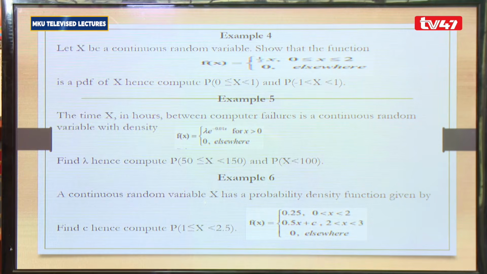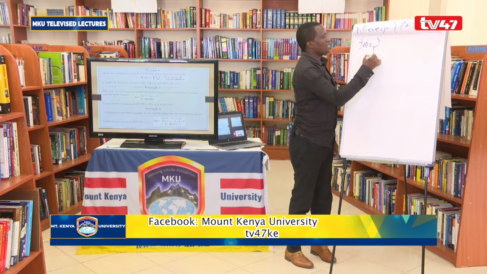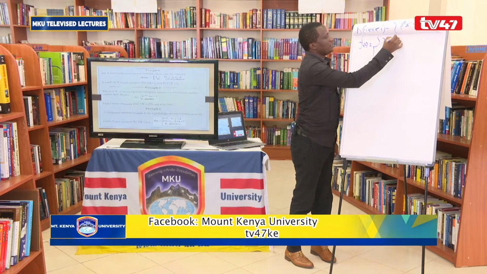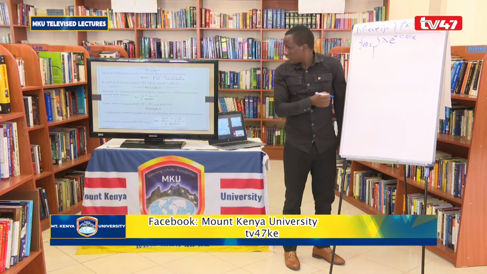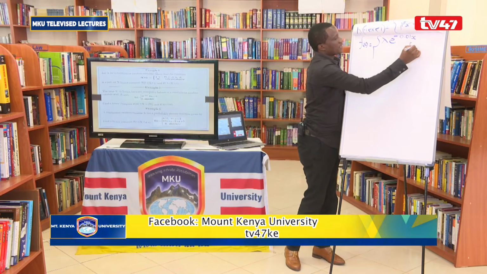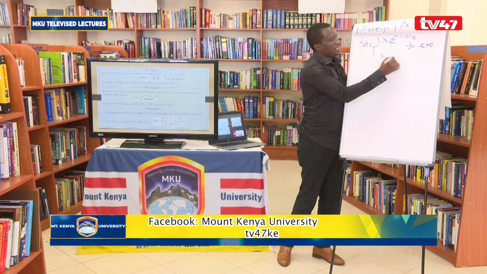We are given that f of x is equal to lambda exponential negative 0.01 of x, and we are told that x takes values from 0 to infinity and is 0 elsewhere.